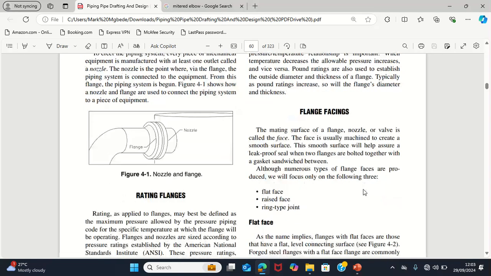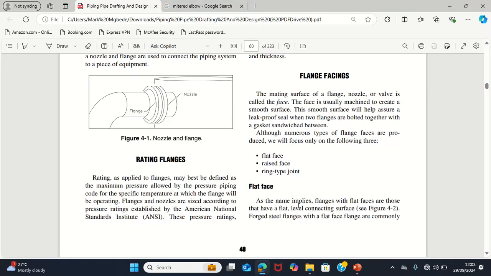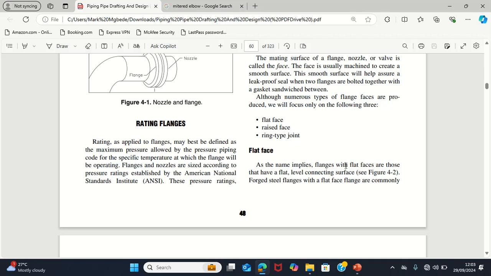Flanges are categorized into two forms: facing and the neck. Now for facing, flanges have three types of faces, which are the flat face, the raised face, or the ring type joint. The flat face, as the name implies, is a flange with a flat, level connection surface.